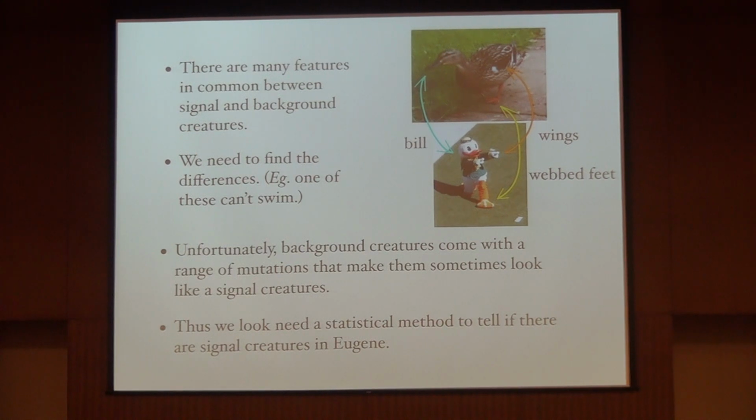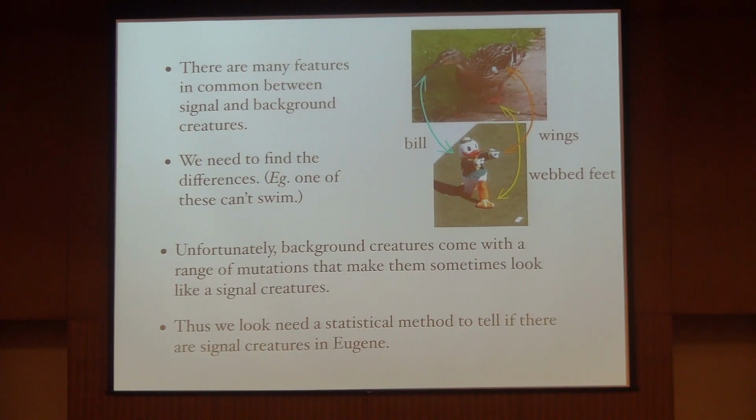So if that was your computer program, then you just identify both of those as the same. What you have to do is look for the things that are different. Now in this case, there's one crucial difference: the signal creature can't swim. So we just toss them into the lake and you'll see.